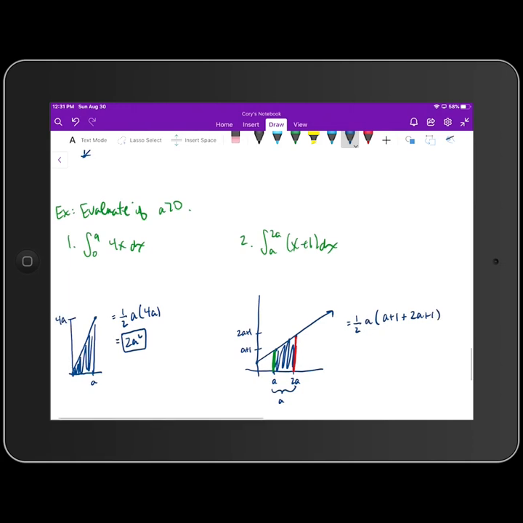And then if I just want to simplify this, that's going to become a over 2. And then when I combine like terms in the parentheses, we get 3a plus 2. Okay, and that's going to give me my area of that trapezoid in terms of a.